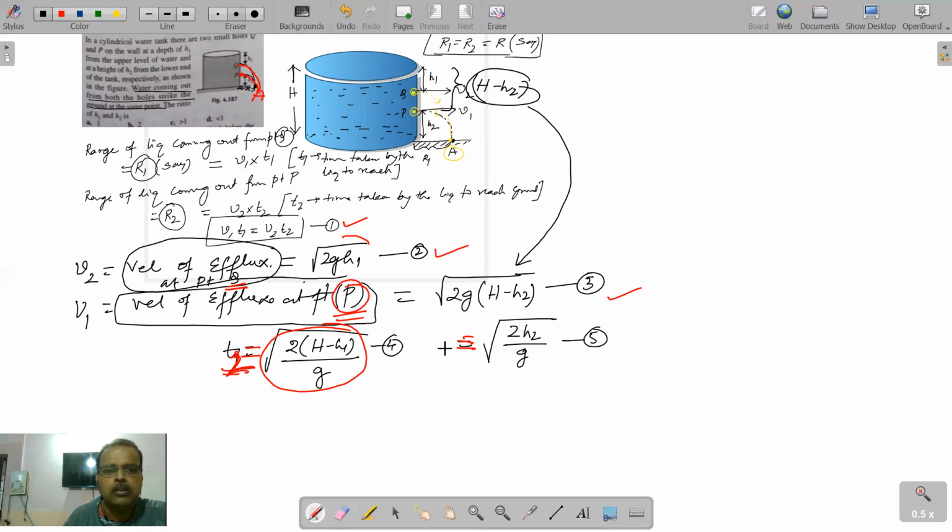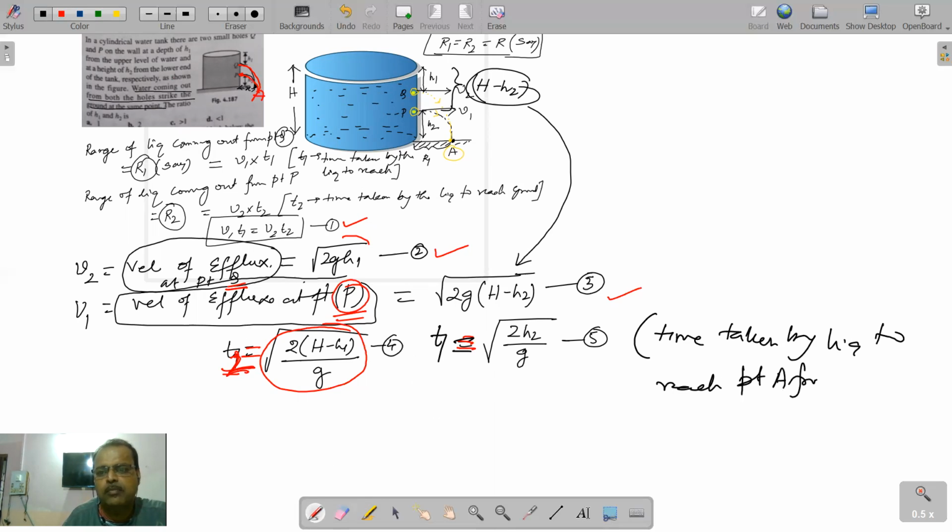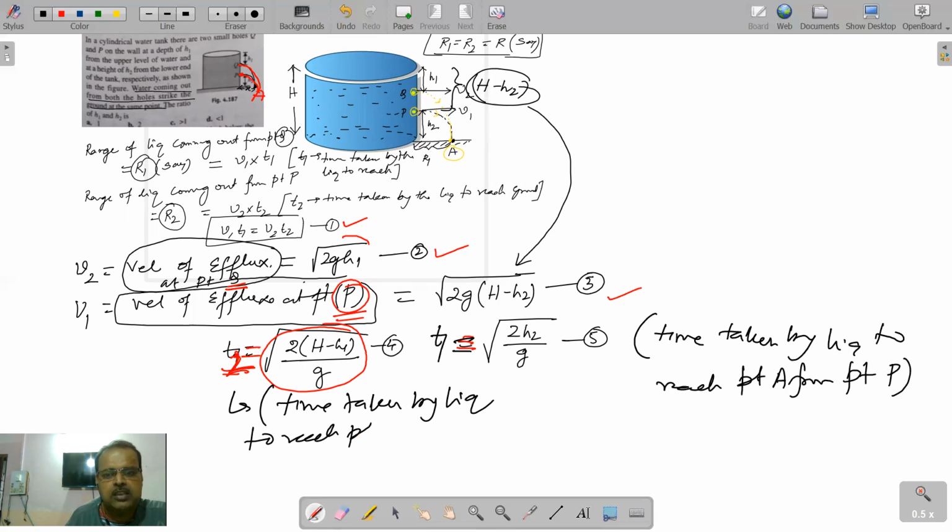So what exactly are we doing over here? We take this as T1, that is basically the time taken by the liquid to reach point A from point P. And T2, that is basically the time taken by the liquid to reach point A from point Q. Correct?